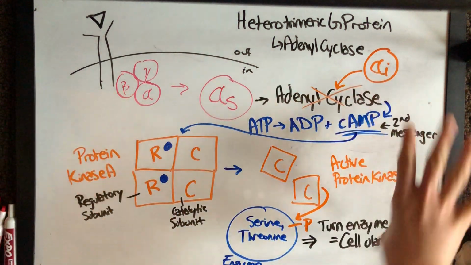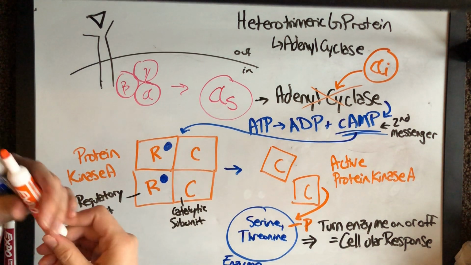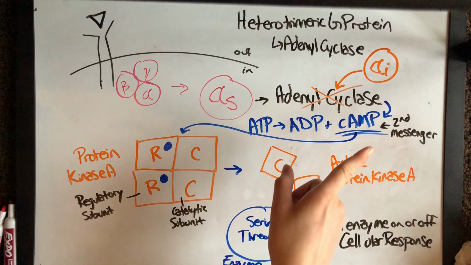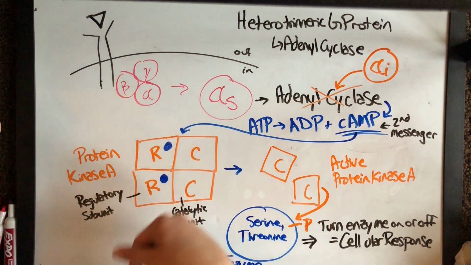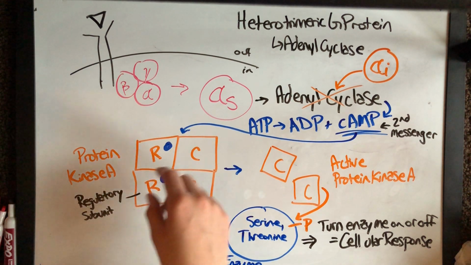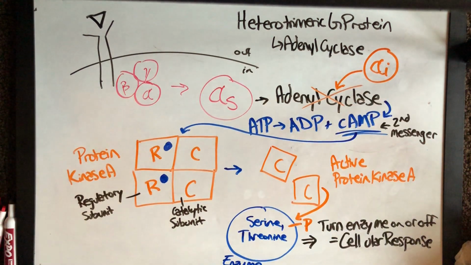And so the rest of this pathway cannot happen, and we cannot get a cellular response. So remember, with the phospholipase C, we turned it off by turning GTP back to GDP. Same with the Ras G protein, but this, we use a separate alpha subunit to turn off the whole pathway.